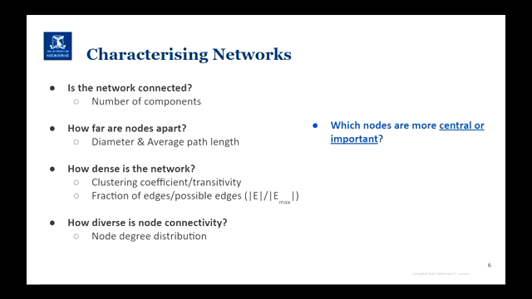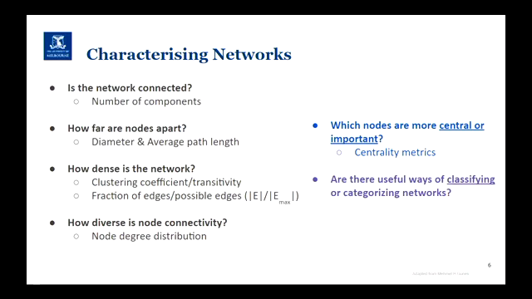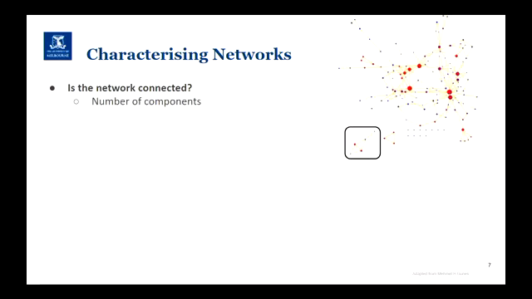For that, we'll comment on centrality metrics, which are quite important. We'll focus on local and global centrality metrics. And later on, we will also try to understand our networks and categorize them in specific models. In order to compare our networks, we will generate artificial networks following the same patterns as our own, to try to classify them. So let's start with the first question then. Is the network connected?